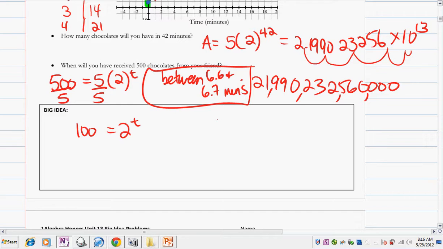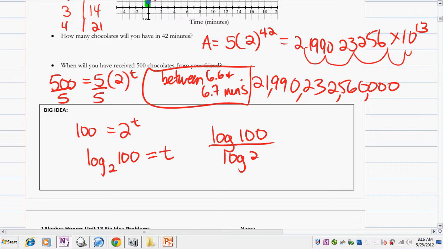The idea of logarithms is that this expression here could be rewritten as log base 2, since 2 is the base, of 100 is equal to t. And this can be rewritten due to some log properties as log of 100 over log of 2. Now this is useful because we have a calculator that can compute log, and when I say log I mean log base 10.